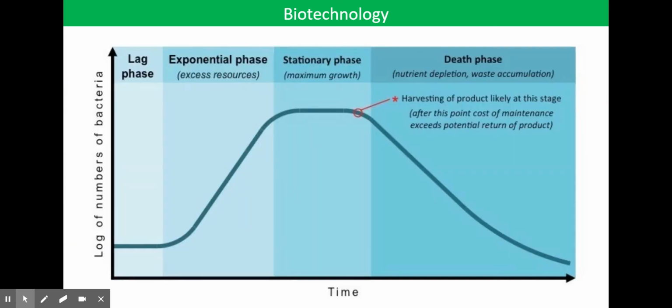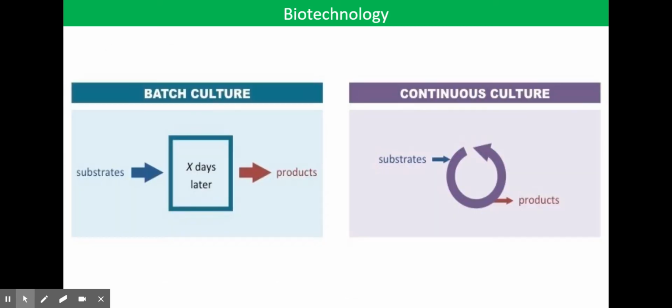We'll look at that a bit more in a different video tutorial. Hence, the culture is set up with a limited quantity of nutrients and allowed to ferment for a specific time. After this time, the fermenter is emptied and the product can be extracted from the culture. So that is batch culture.